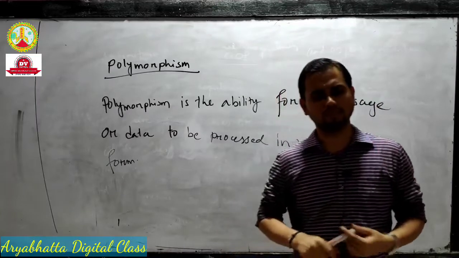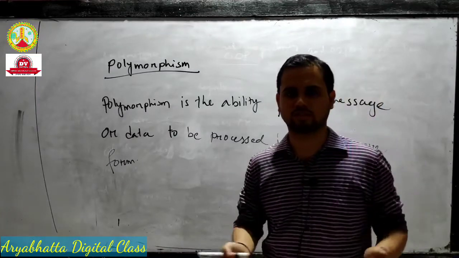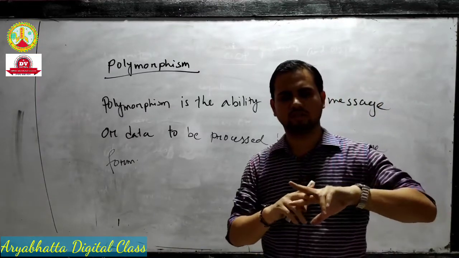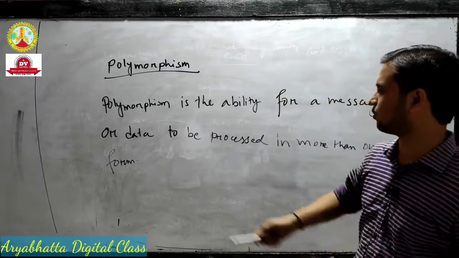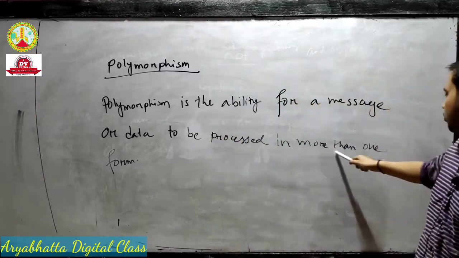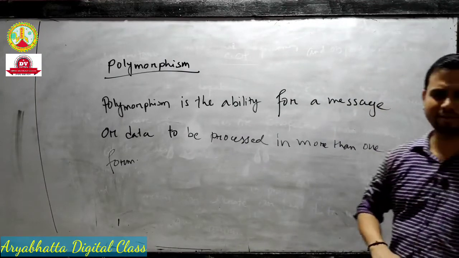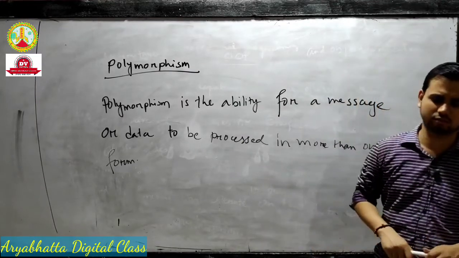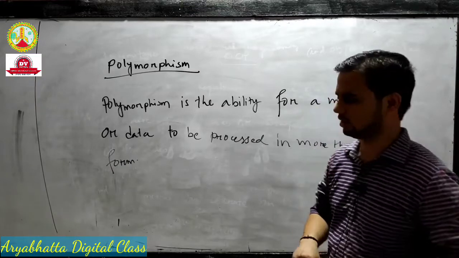Same name of function but different operation. Polymorphism is the ability for a message or data to be processed in more than one form.